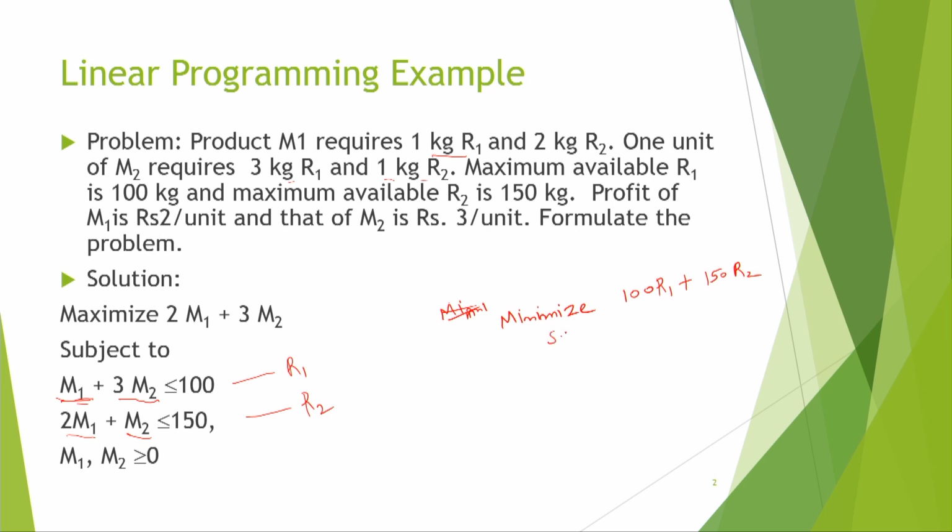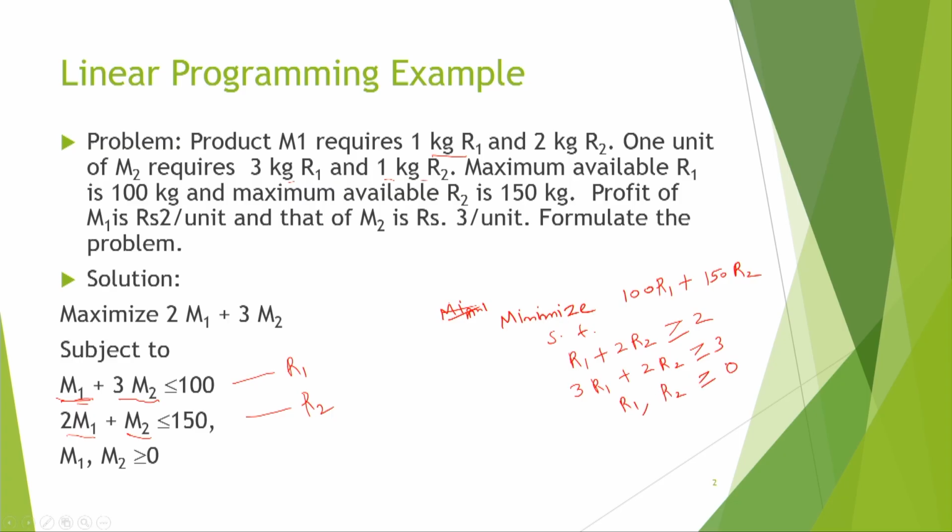And subject to, how do I do it? I focus on the coefficients of M1 to write the first constraint. With minimize, the greater than sign will come: Y1 plus 2 Y2 greater than or equal to 2, and for the coefficient of M2, 3 Y1 plus Y2 greater than or equal to 3, and naturally Y1, Y2 greater than or equal to 0.